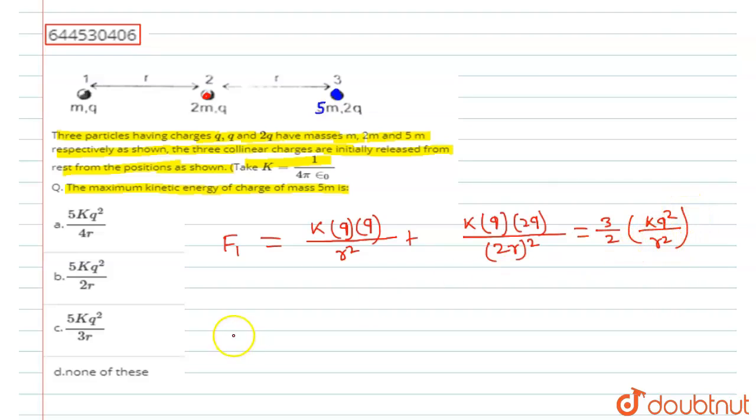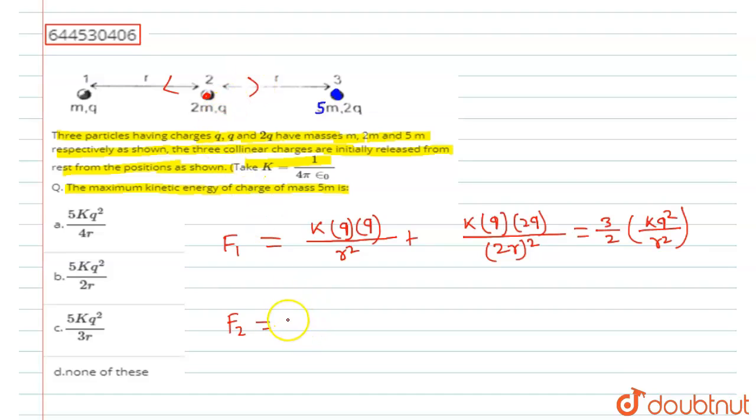Similarly, F2 is the force on the second particle due to the first particle and the third particle. The force due to the third particle will act in one direction and the force due to the first particle will act in the other direction.